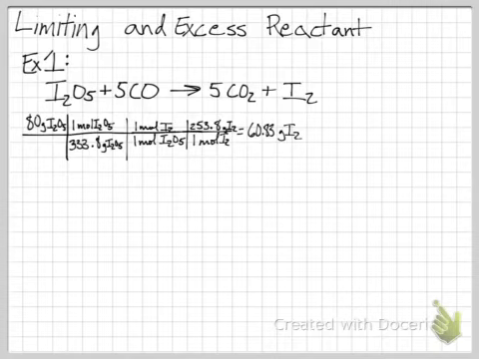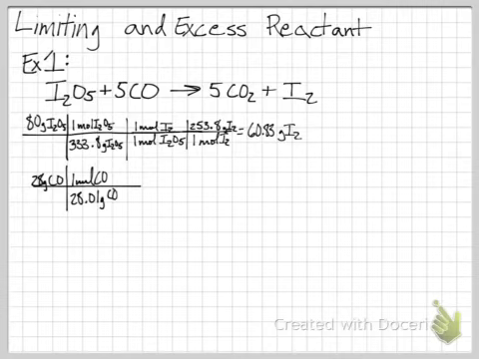Now, I enjoy limiting and excess problems because half of my work for the next problem is already done. What do you mean? Well, let's take a look. I'm going to start off making my table just like I normally would: 28 grams of carbon monoxide. Now I need to fill in the information for carbon monoxide: 1 mole, 28.01 grams, my molar mass. Now I come to my mole ratio, where I go from moles of carbon monoxide to moles of I2: 1 mole to 5 of carbon monoxide.